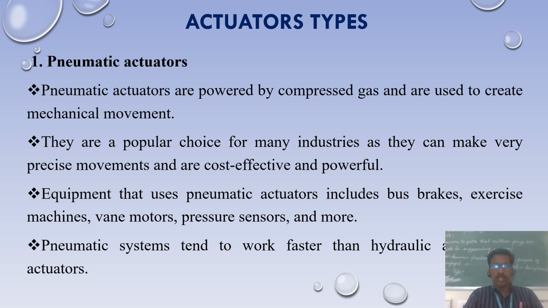Equipment that uses pneumatic actuators includes bus brakes, exercise machines, motors, pressure sensors and so on. Pneumatic systems tend to work faster than hydraulic and other actuators. This is a very important actuator used in robotics.